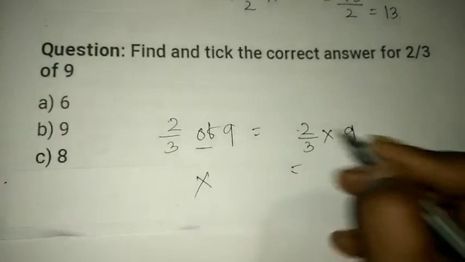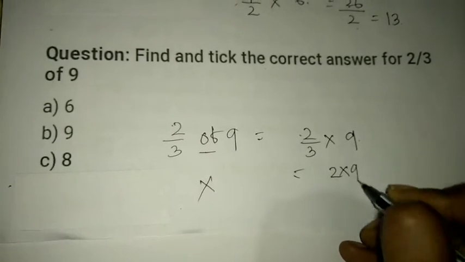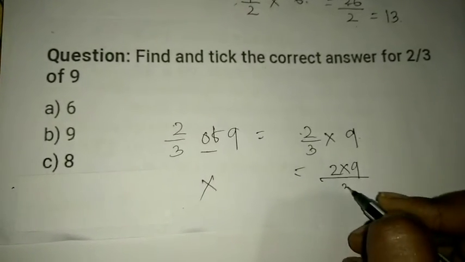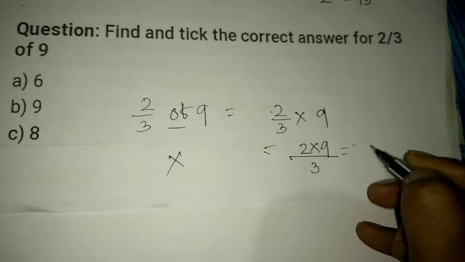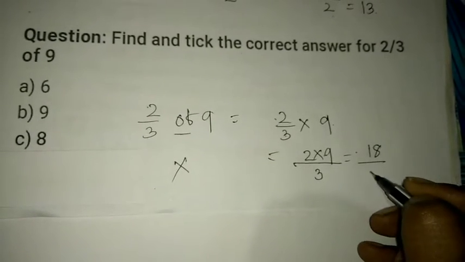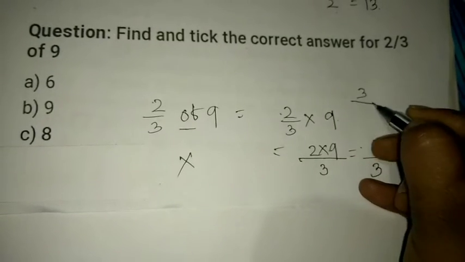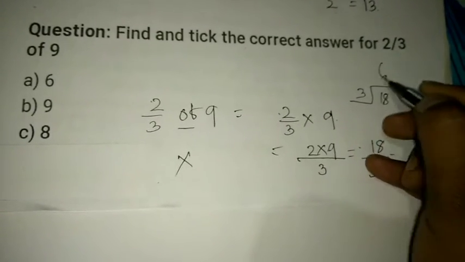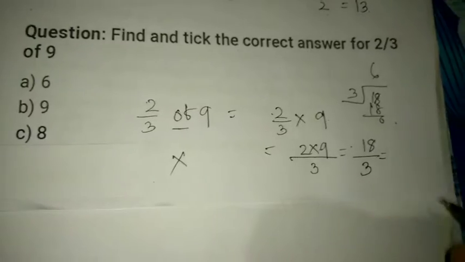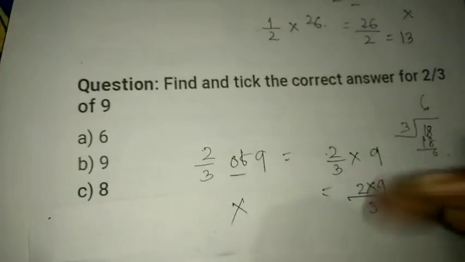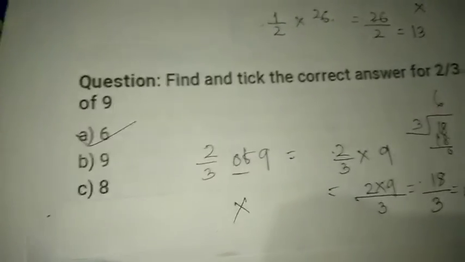Then 2 into 9 divided by 3 is equal to 18 divided by 3. Then if we divide 18 by 3, 3 6s are 18, it is equal to 6. So the answer is 6.